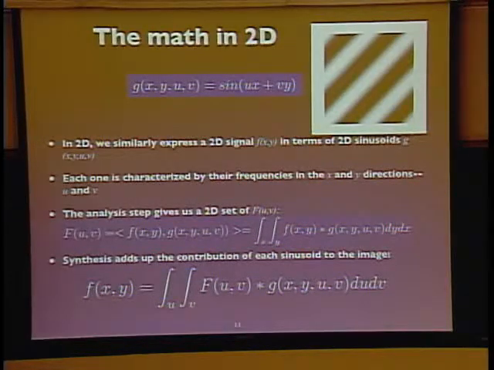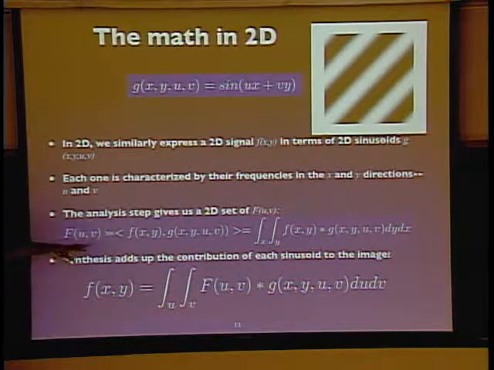But now, what I'd like you to keep track of is the fact that all of the math of how you do synthesis and how you do analysis, how you go from imaging data to coefficients and back again, is exactly the same, except you add a dimension to it.